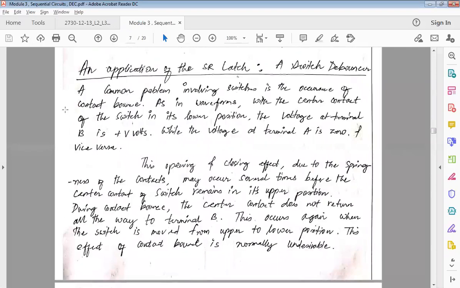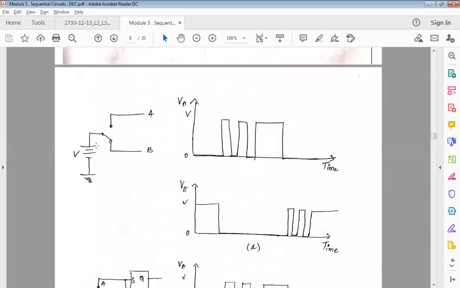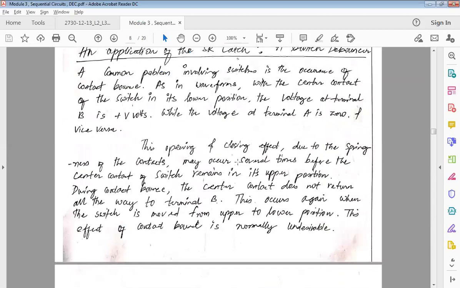This contact bounce happens because as soon as a contact happens, there can be a bounce, a spring action. Because of the spring action, having contact and losing contact repeatedly, you can find that these pulses will occur. Whenever there is a contact, you can find these high pulses, and whenever there is no contact, you can find that there are no pulses.